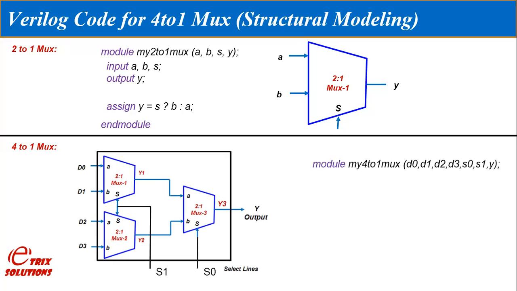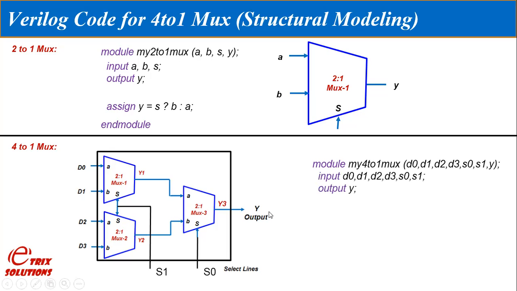The Verilog code always starts with the module, and my 4 to 1 mux is the name of the module. And in the parenthesis, there is a list of inputs and outputs. The next two lines define the input output declaration.